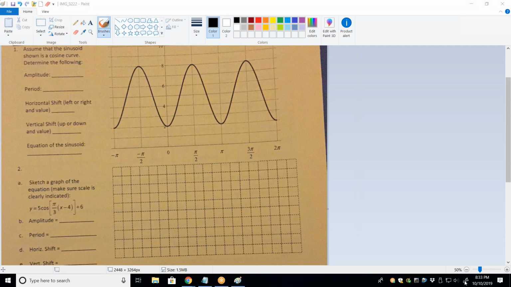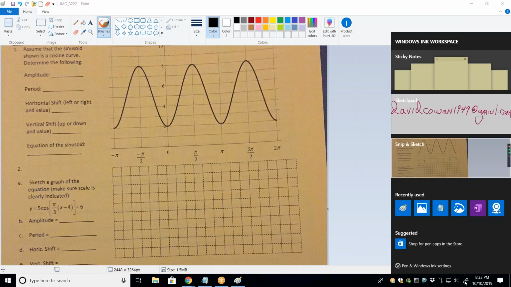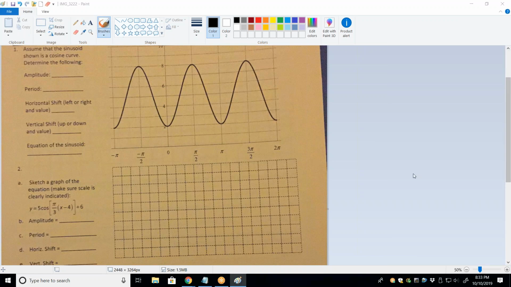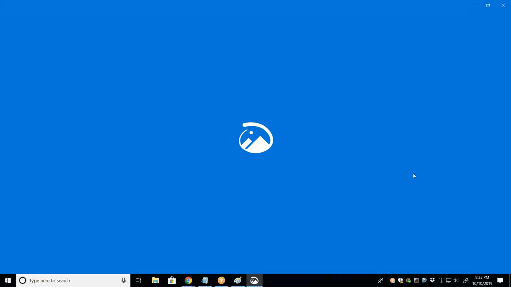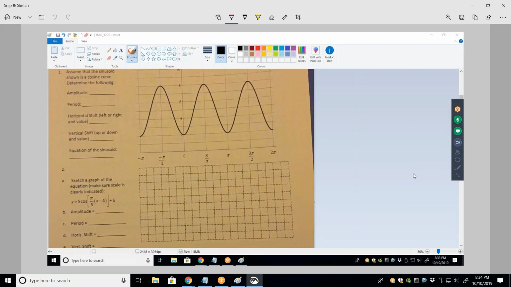Both the amplitude and the vertical shift are actually very simple. The amplitude is equal to the high plus the low divided by 2.